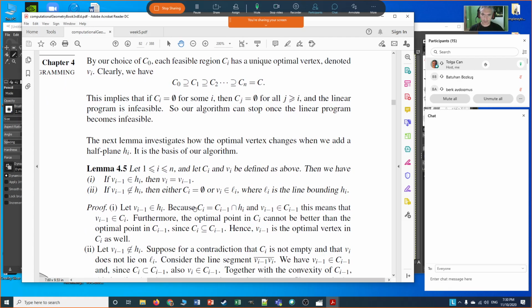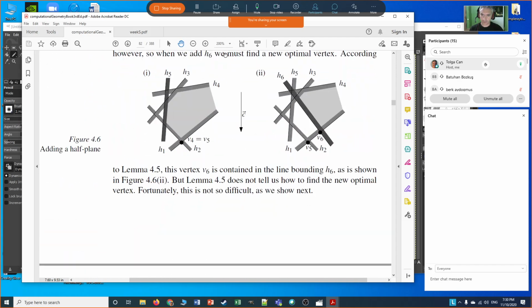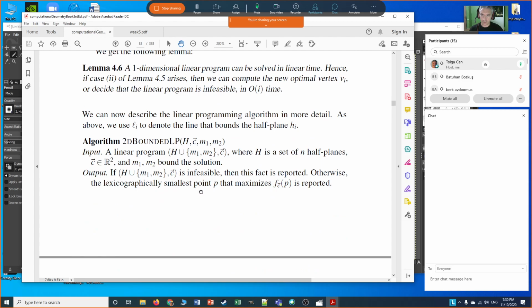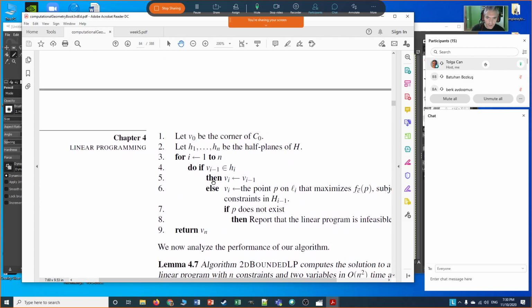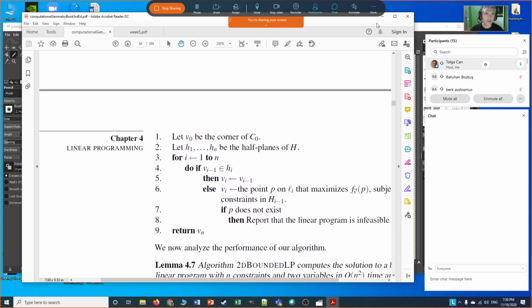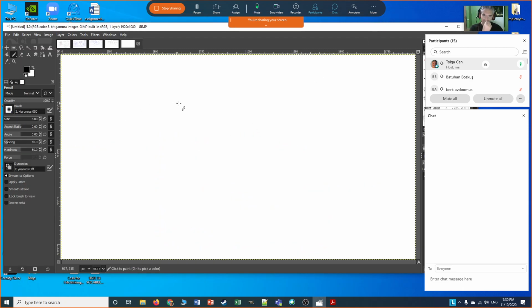I think it's going to be v_i. Since we are maintaining a single point, we call it v_i. So v_i indicates the current feasible point after the first i constraints are processed. So we start with v_0.